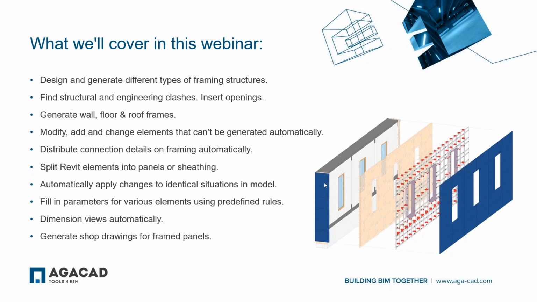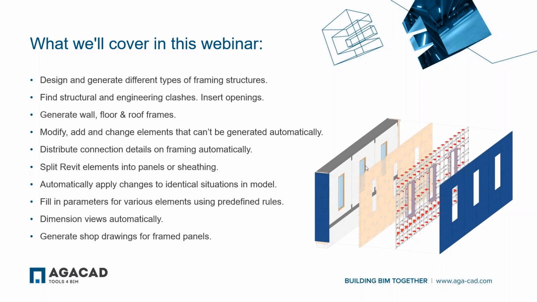I'll also try to show that it's very important not only to generate everything automatically, but also to be able to add elements, not automatically but in a very efficient way, in situations which can't be predefined by general rules. And if something needs to be modified, that is also possible with our software.